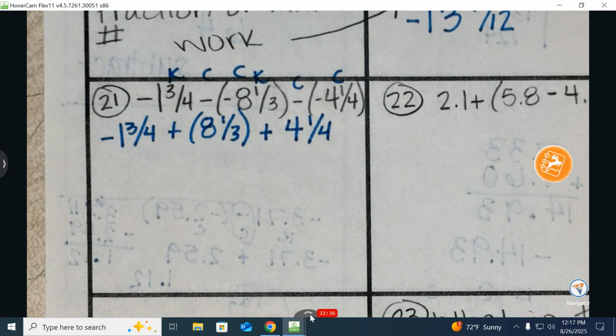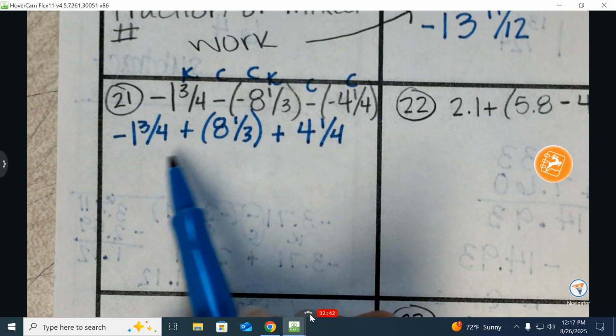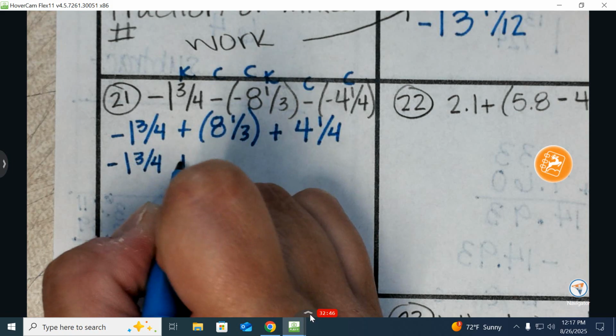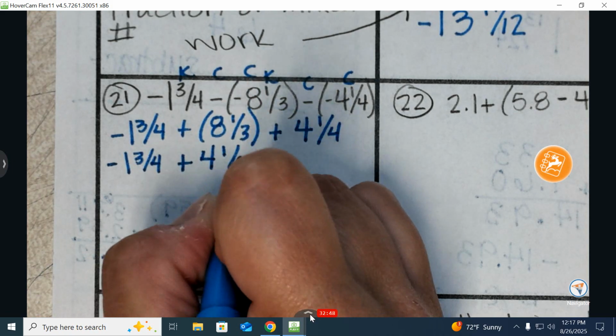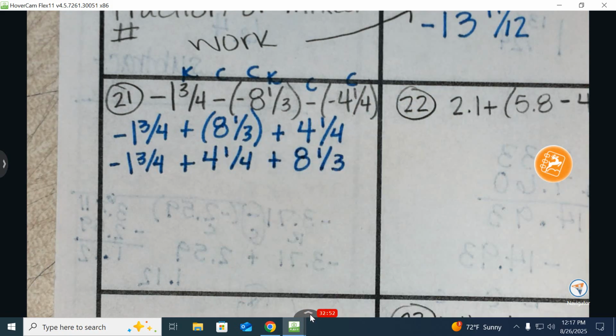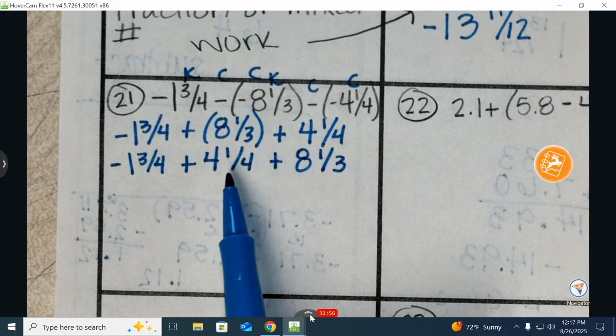Addition, you can use the commutative property to move like things around. So I'm going to move my two that have common denominators next to each other. Negative 1 3/4 plus 4 1/4 plus 8 1/3. Adding but different signs, so I subtract.